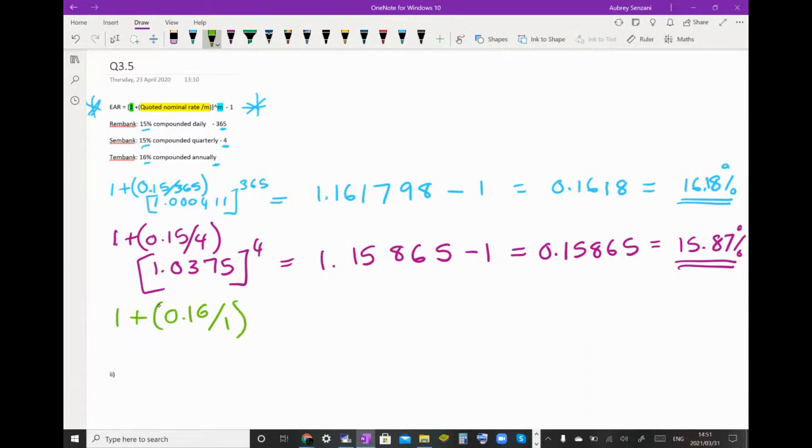So it's 1 whole year. This is going to be 0.16 plus 1, so we'll have 1.16, and then that's obviously to the power of 1.